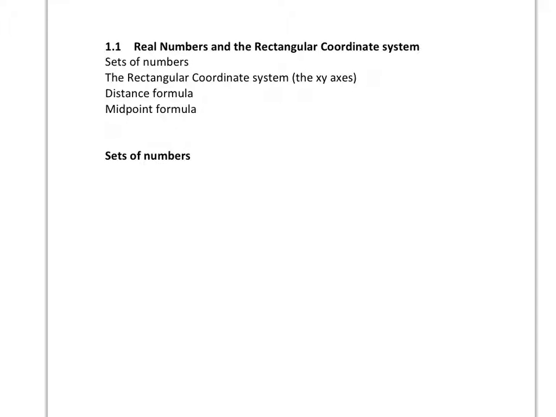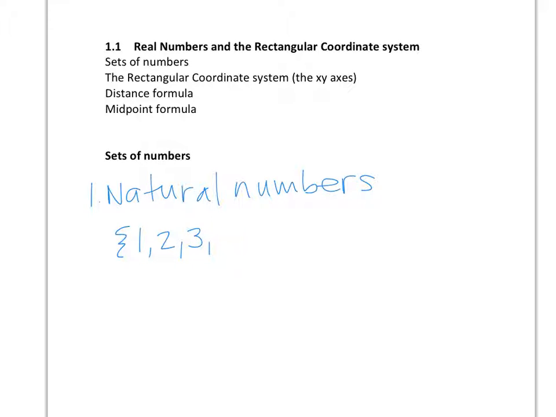First of all, sets of numbers. We're going to start with the smallest set, which is natural numbers. These are the numbers that we use to count with. If we were to write a set of them, it would look like 1, 2, 3, 4, dot dot, meaning continuing to positive infinity.